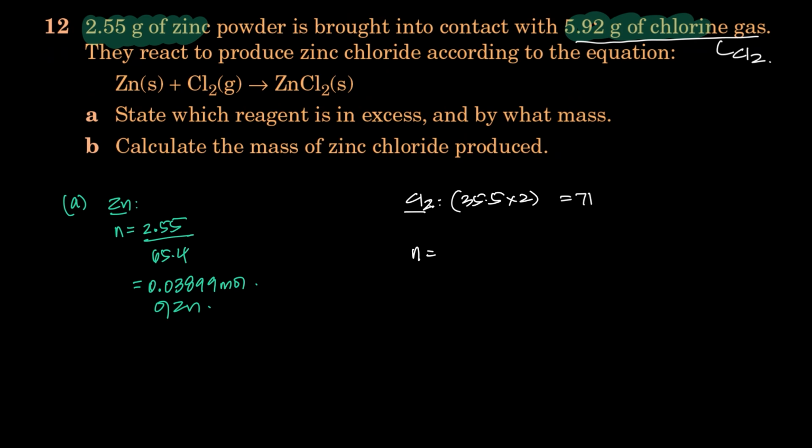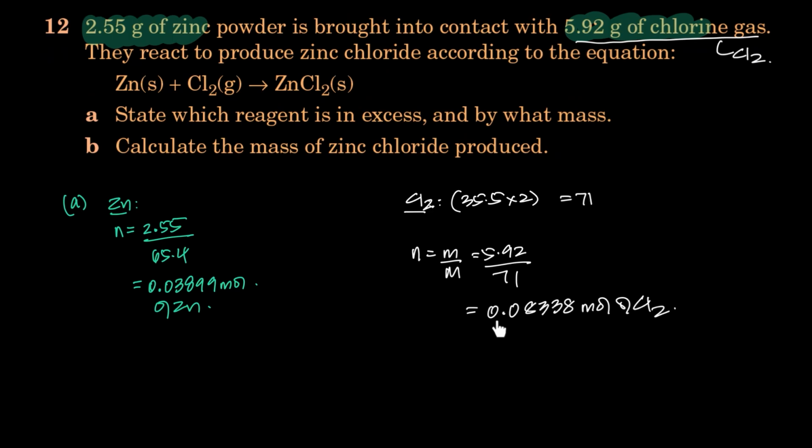So the number of moles of chlorine is mass over molar mass, which is 5.92 over 71. So 5.92 divided by 71 gets you 0.08338 moles of Cl2.